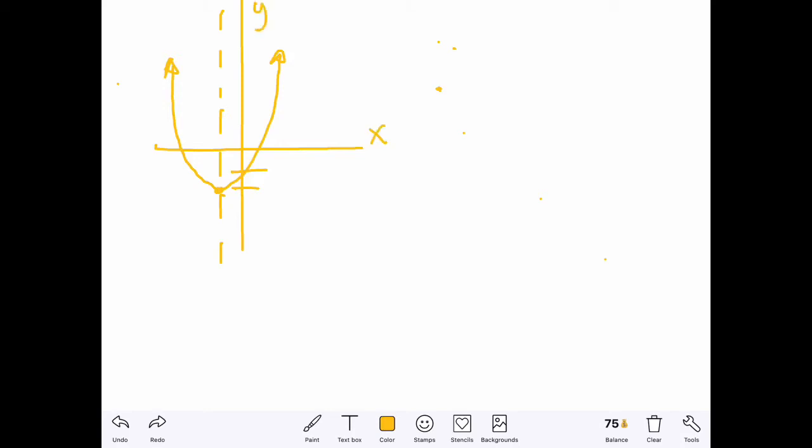Okay, so I went ahead and just drew a parabola here, and we're going to see if we can identify some ideas, like domain.